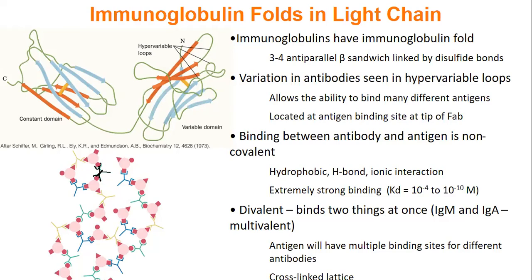Other antibodies can bind more than two. We have antibodies that can bind 5 things at once because they have 5 variable regions. But just know that we can bind multiple things with our antibodies. When we do that, we get this giant cross-linked lattice of our antibodies and our antigens. And that's how the immune system generally works: we clean it up.